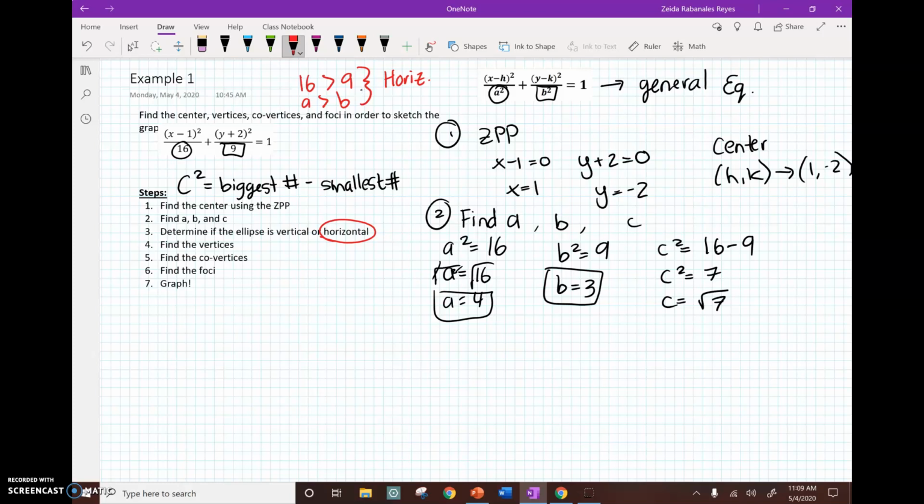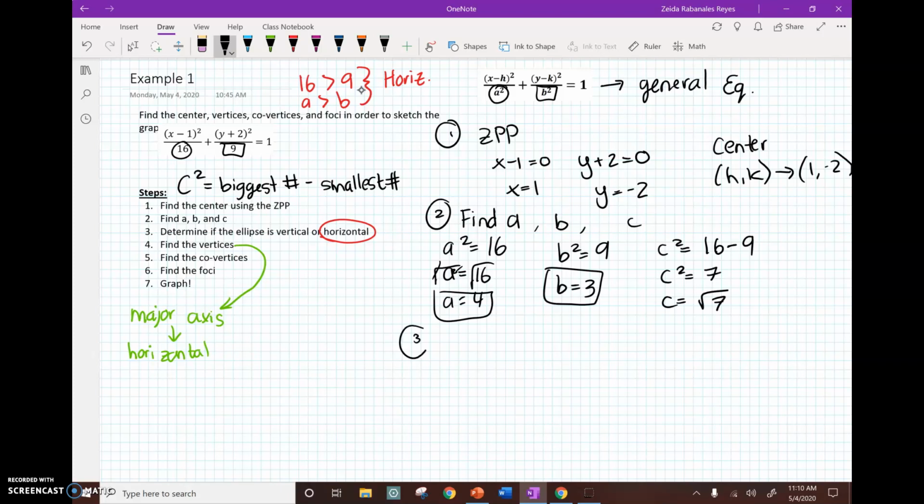So to find the vertices, they are always on the major axis. Because this is a horizontal ellipse, that means my major axis is horizontal, which means that my values are going to be added to the x.